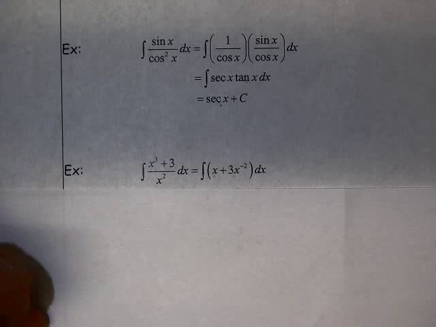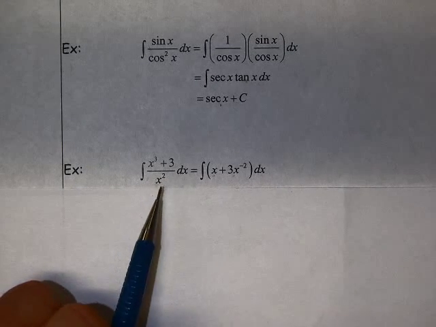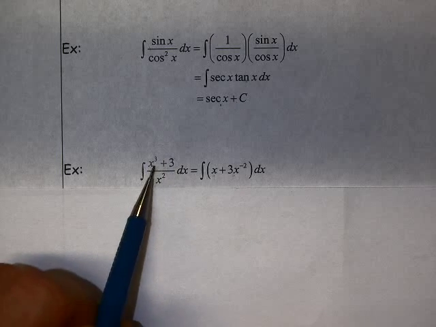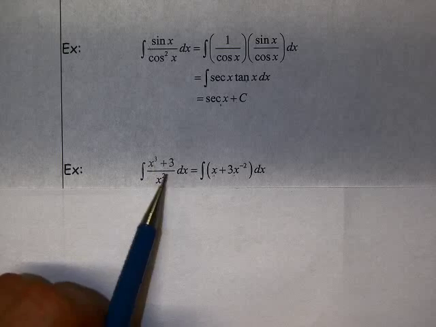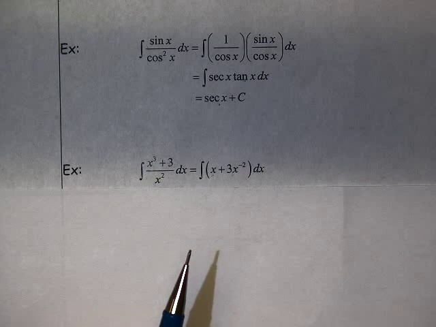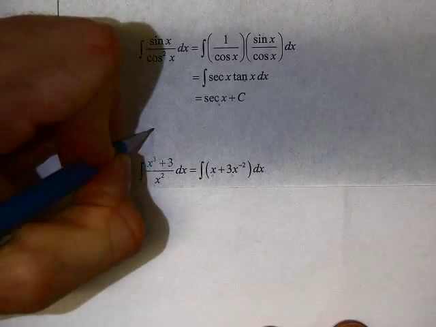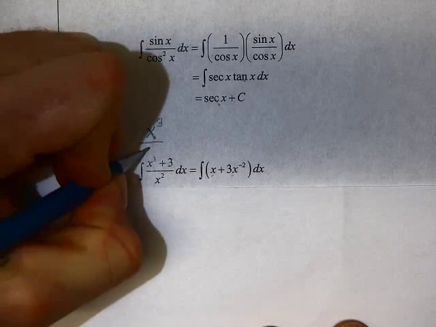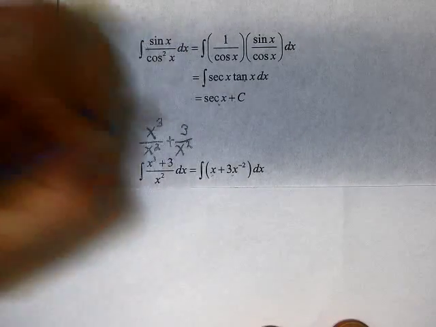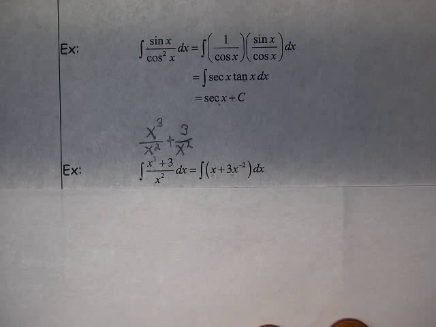Last example on this page, we have x cubed plus 3 over x squared. Notice that this integrand has a two-term numerator, but only a single-term denominator. So the first thing I'm going to do is rewrite this as x cubed over x squared plus 3 over x squared, separated into two terms.